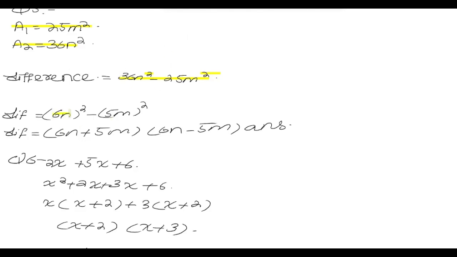That is 6n. And what is the square of 25m²? That is 5m. So we can write (6n)² - (5m)². And then we will apply the formula a² - b². So (6n + 5m)(6n - 5m) will be our answer for the dimensions as well as the difference, which was already here, that is 36n² - 25m².